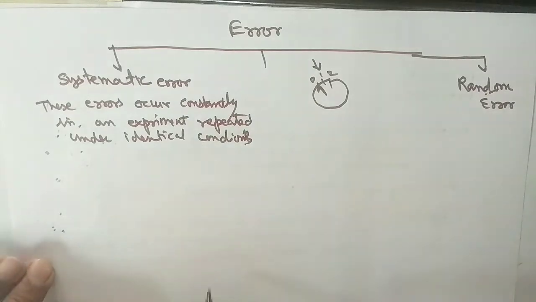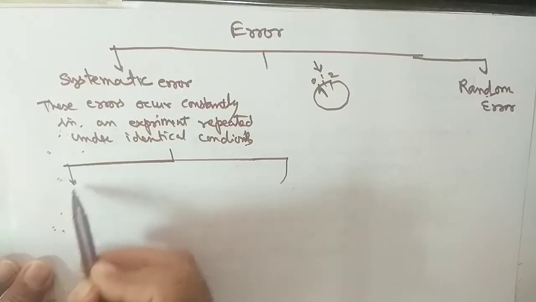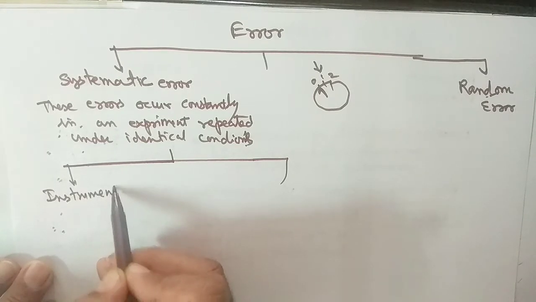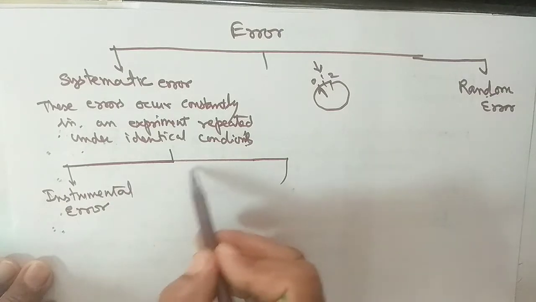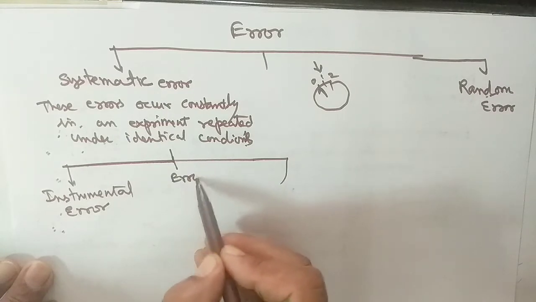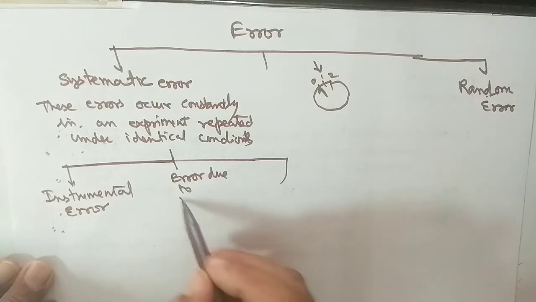Systematic error may again be of three types. First is the instrumental error. Second is the error due to imperfection.